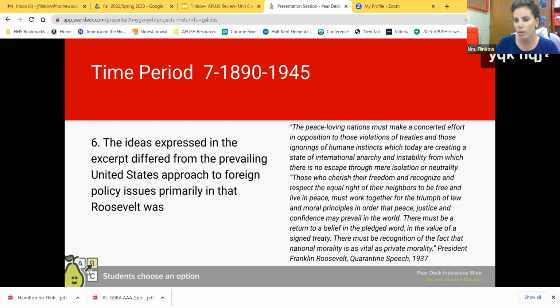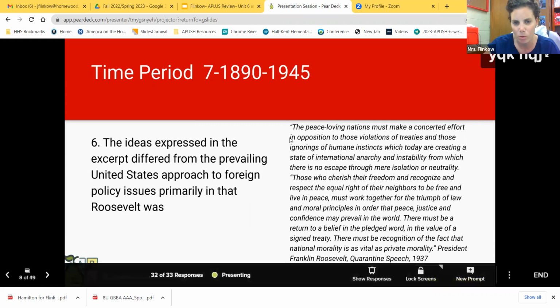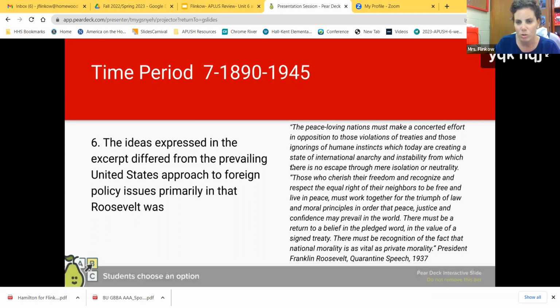But what he's arguing for in this speech is to expand the role of the United States in the world. If you look at about the fourth, fifth line down, he says the present instincts are creating a state of international anarchy and instability from which there is no escape through mere isolation or neutrality. So he's saying we can't be isolationist or neutral.